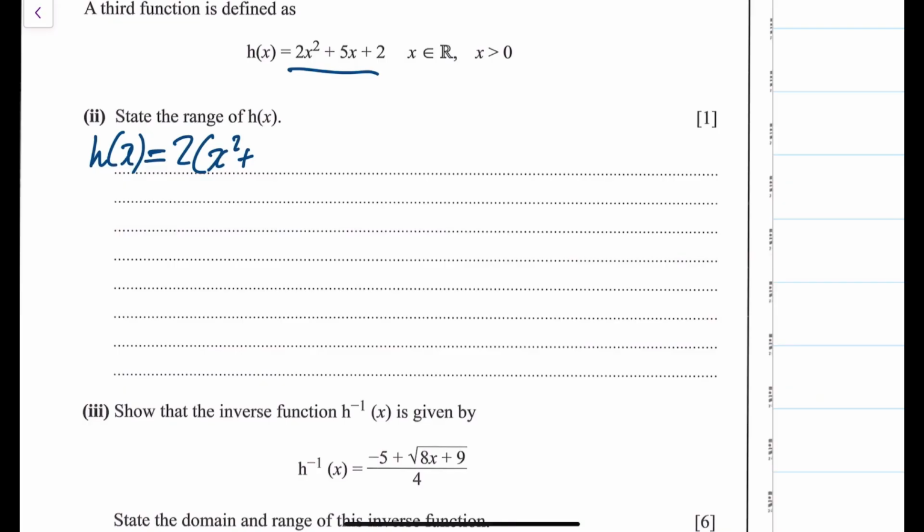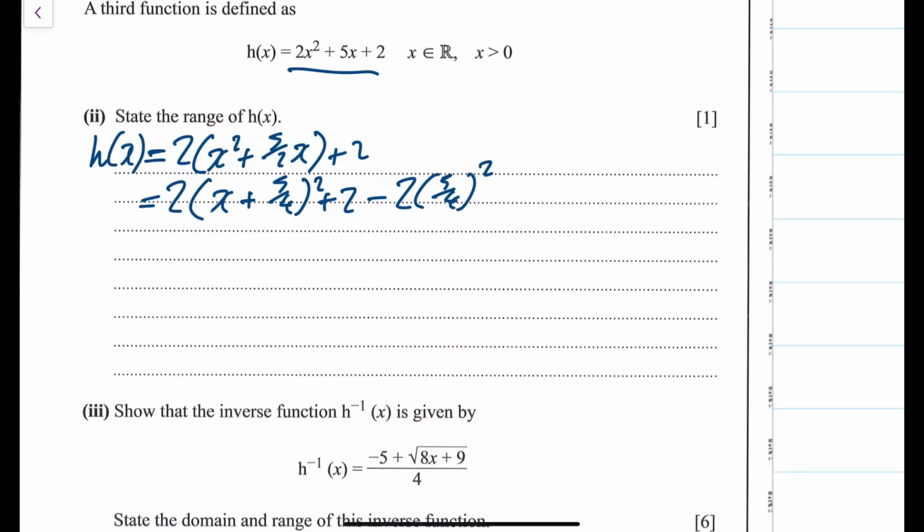So I pull a 2 outside the bracket for the x terms. So that's what we've got. And then I complete the square. So that becomes half the coefficient, that is 5 over 4, and then squared, plus 2. And then I must remember to take away 2 times 5 over 4 squared.